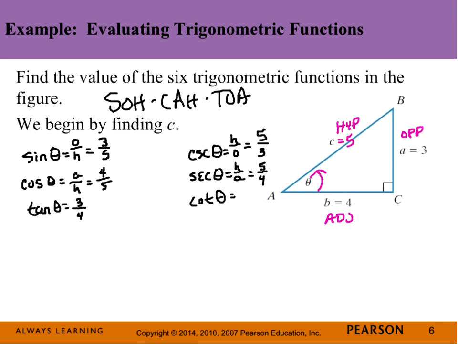Let me be consistent here. I have opposite over adjacent, which is 3/4. And then cotangent is adjacent over opposite, or 4/3.